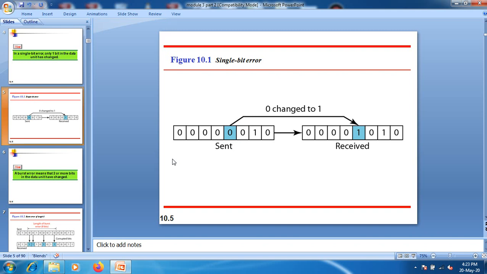Then only a single bit is corrupted in that particular data flow. These are the least likely type of error.